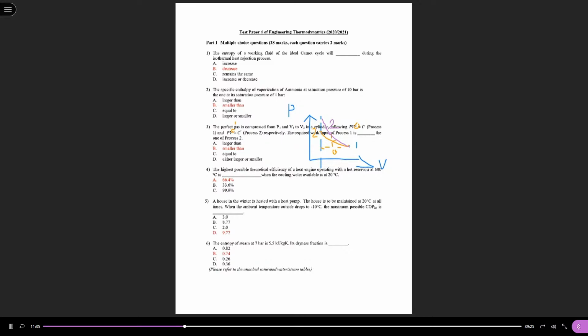This is process 1, this is process 2. We can see the shaded area is larger, so the solution is A.